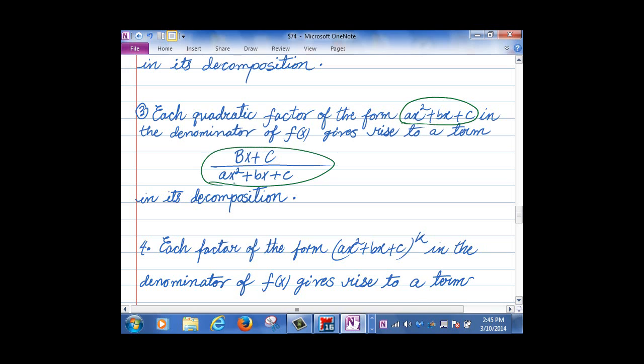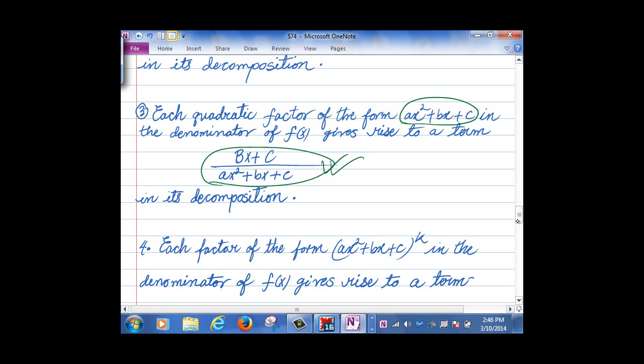It has to be a linear function. So you have a linear function divided by the quadratic factor. Everybody is okay with that?